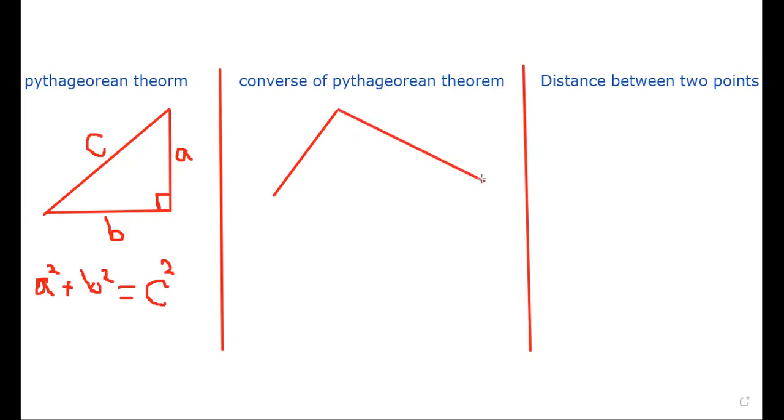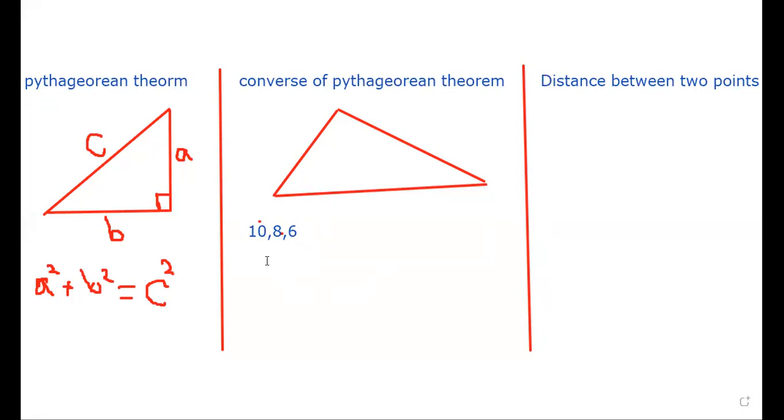We said once we have a triangle, sometimes I will draw a triangle and give you the dimensions, or I can just give you the dimensions and ask you to say if they represent a right triangle or not. Like if I have 10 and 8 and 6, can this set of numbers represent a right triangle or not?